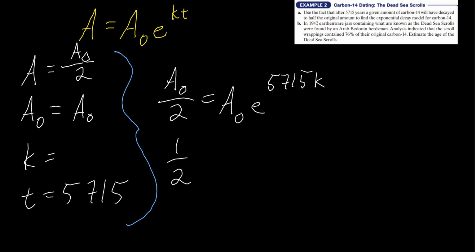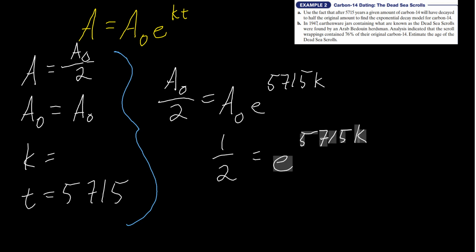So anyways, we have 1/2 is equal to e to the 5715 times K. I'm going to take the natural log of both sides. So once again, let's move this to the right just a little bit to make space for the natural log.